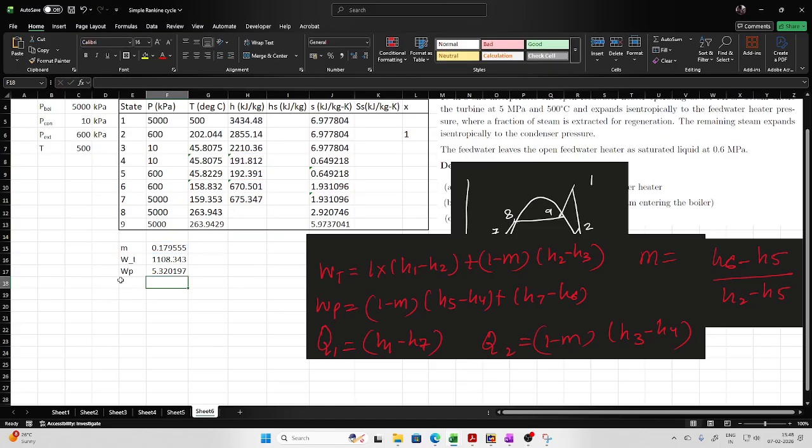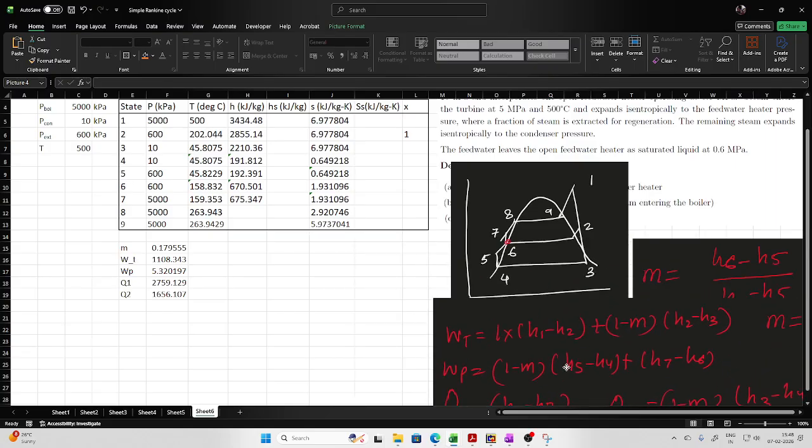And that's it. Then comes heat input in the boiler, which is nothing but H1 minus H7. Then heat exit, that is Q2, that will be (1 minus M) times (H3 minus H4). So this is H3 minus H4, and that's it.